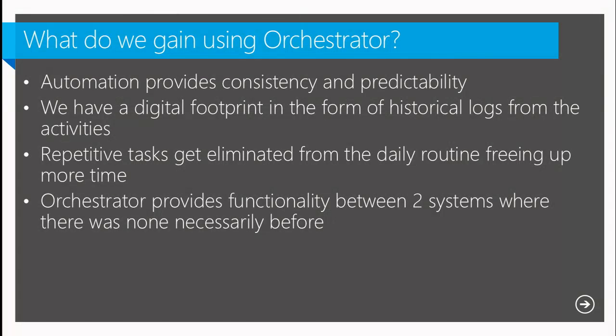So let's say you've got an Active Directory and you want to send an alert when you create a user in Active Directory. You can connect your Exchange system to your Active Directory system so that when a user gets created, an email gets generated and you can have that as an additional digital footprint, right? Well, Active Directory doesn't do that by default, although you've got some elements of Exchange in Active Directory. It doesn't connect in that way. Orchestrator allows you to do that.